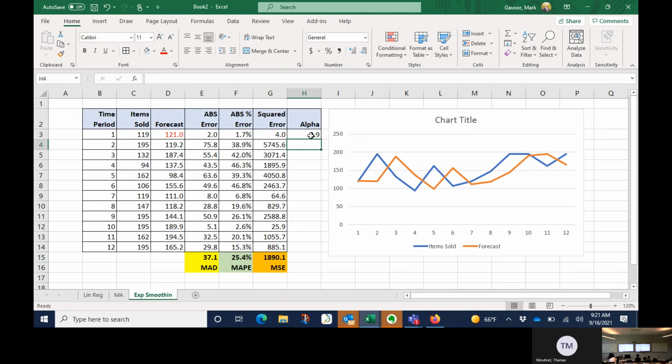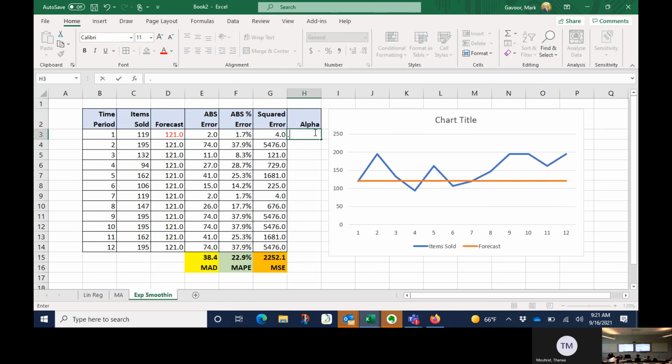But this is a nice feature about Excel too. If you have something that's dependent on a smoothing constant, or something similar to a smoothing constant, if you program it right and you have it there, you can just change the number and it changes the curve. If you go from 0, it's very flat.